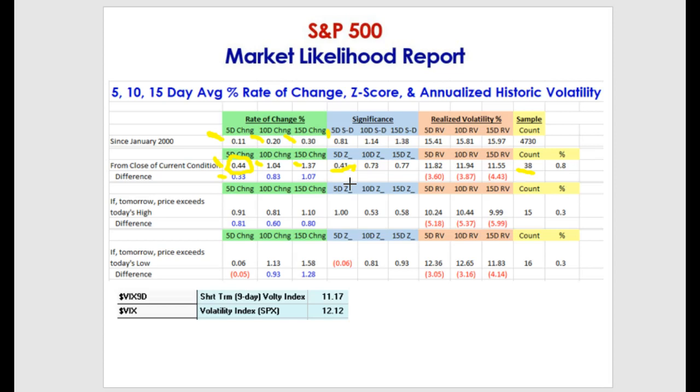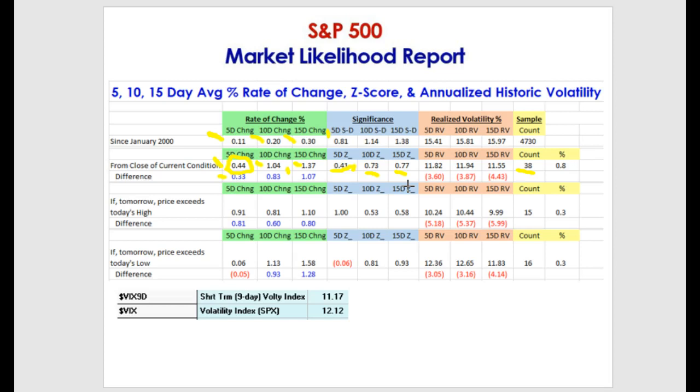Not quite half a standard deviation to the upside. So a definite bullish bias, to the point where it's just under half a standard deviation to the upside. The 2-week change is almost 3/4 of a standard deviation to the upside, as is the 3-week rate of change difference here. So very bullish, anywhere from just under half a standard deviation to 3/4 of a standard deviation to the upside.